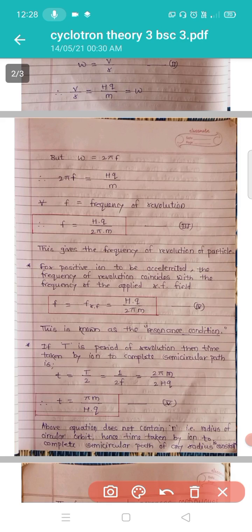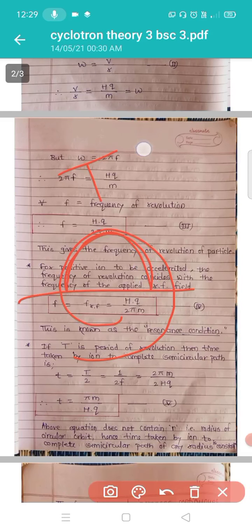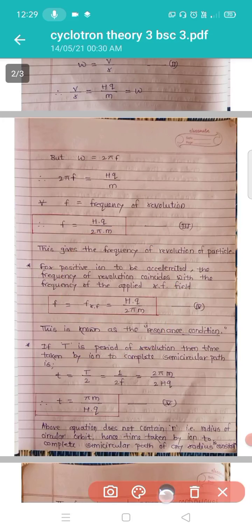Suppose the time taken to complete one revolution is capital T, then to complete the semicircular path, the time taken is half of the total time of revolution.